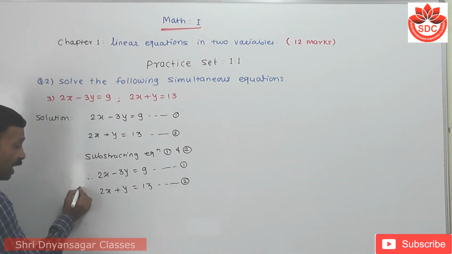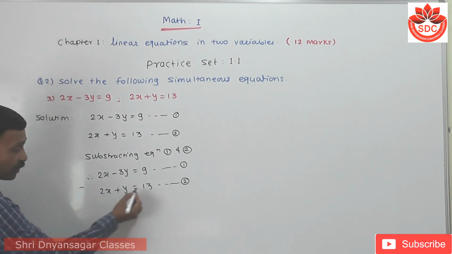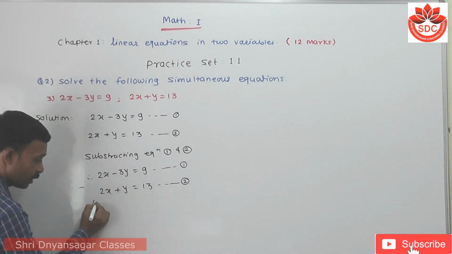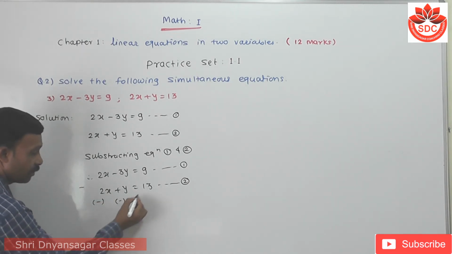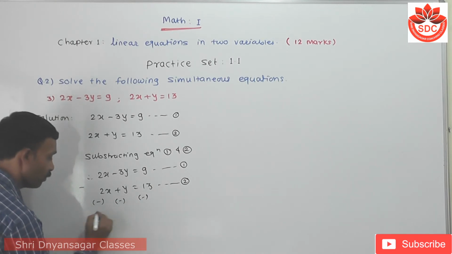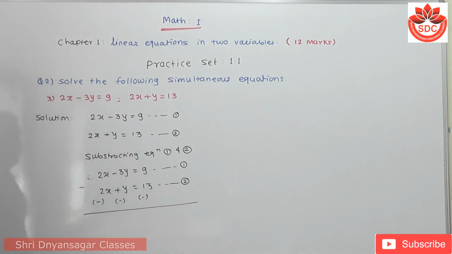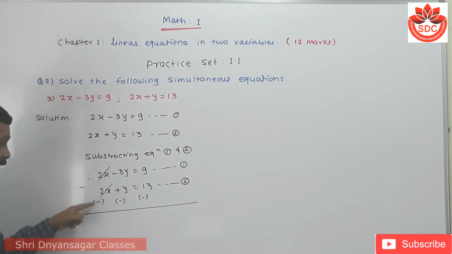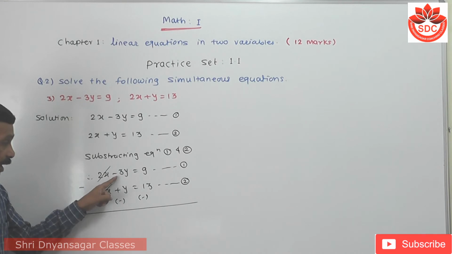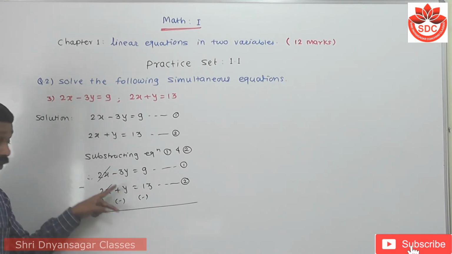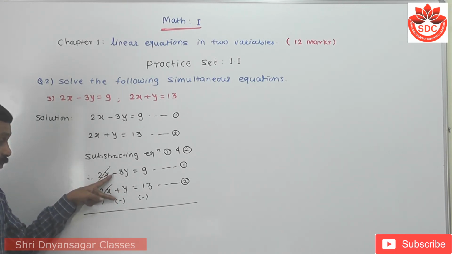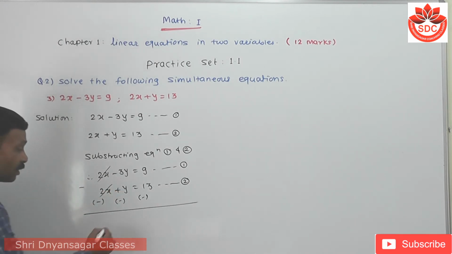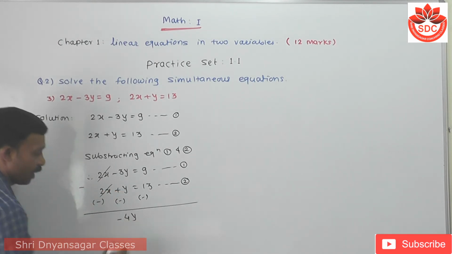Now student, when we subtract, the signs of the second equation change, plus converts to minus, this plus also converts to minus. When we take the subtraction, these 2x and 2x get cancelled because this is plus and it converts to minus. Then the subtraction of minus 3 and minus y. Now look carefully, minus 3y and minus y becomes minus 4y.